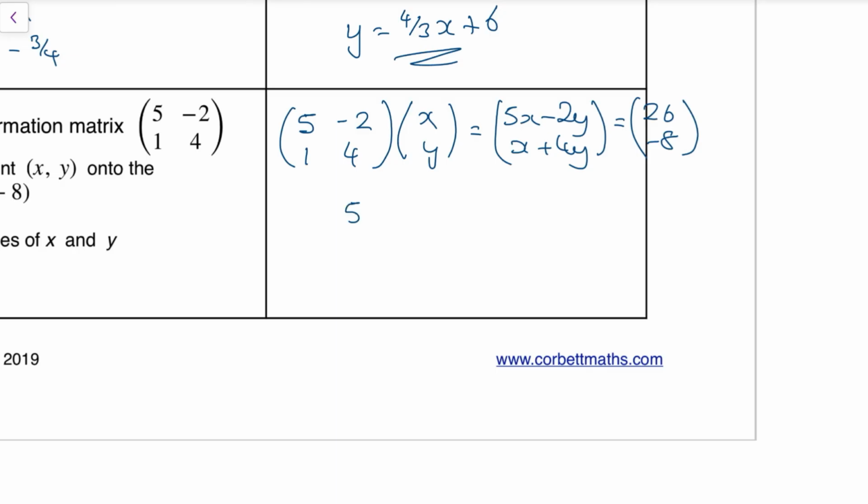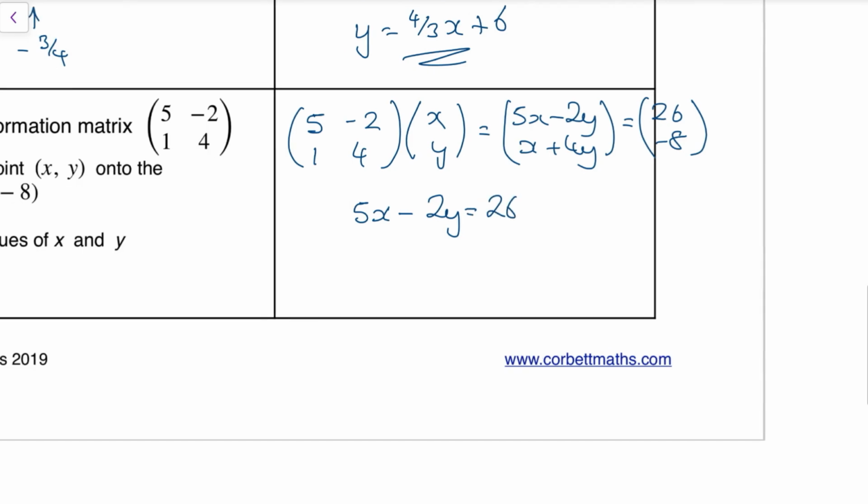The top line tells me that 5x - 2y = 26. If I double it, that's 10x - 4y = 52. The line underneath is x + 4y = -8. Let's add these together.